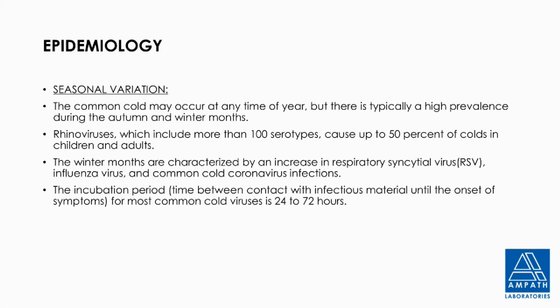Your rhinoviruses, which have more than 100 serotypes, cause up to 50% of colds in both children and adults. And we also note an increase in your RSV and influenza virus and your common cold coronavirus infections. Note not your SARS-CoV-2, but your circulating human coronavirus infections over this period.